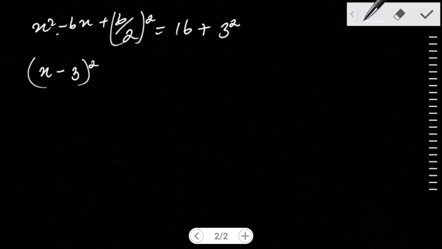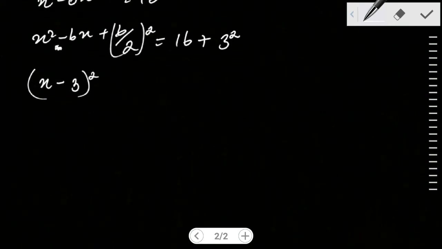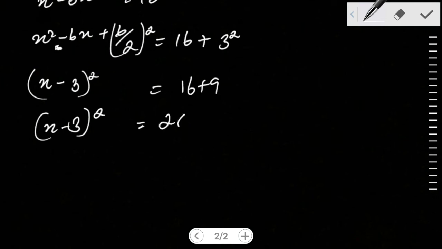Now this is when you bring back the sign that's here, but when you're working out this step, you don't depend on the sign, so you just add throughout, but when you're reaching this step, that's when you bring back the sign. This would be equals to 16 plus 9, and therefore x minus 3 squared would be equals to 25.